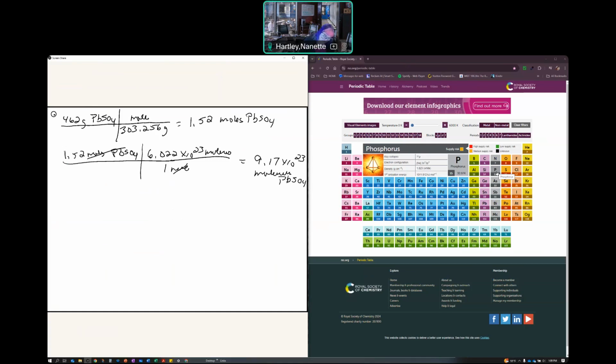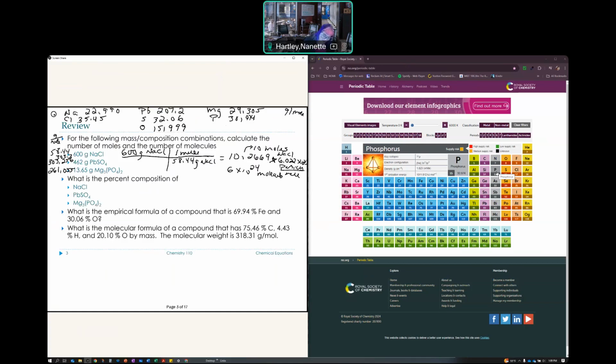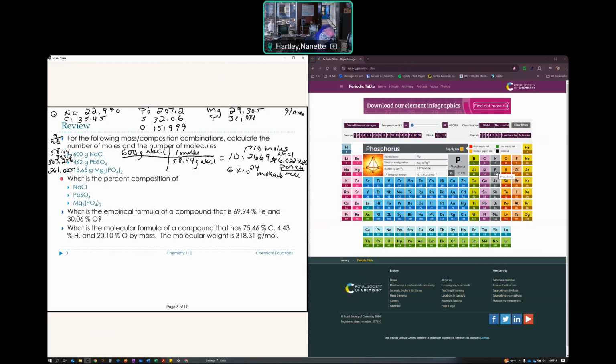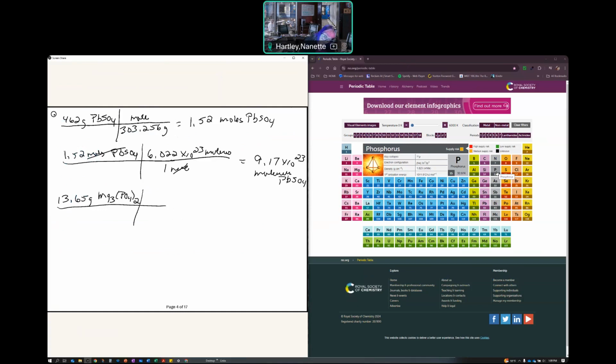And the next thing it asked me about was 13.65 grams of Mg3(PO4)2. The molecular weight that I calculated here was 261.055, so 261.055 grams per 1 mole.